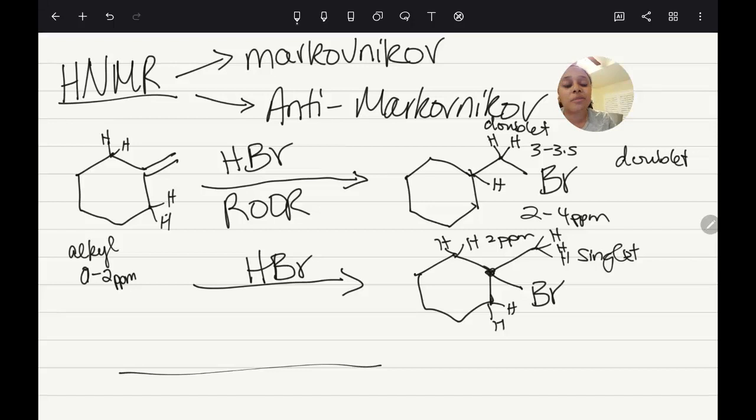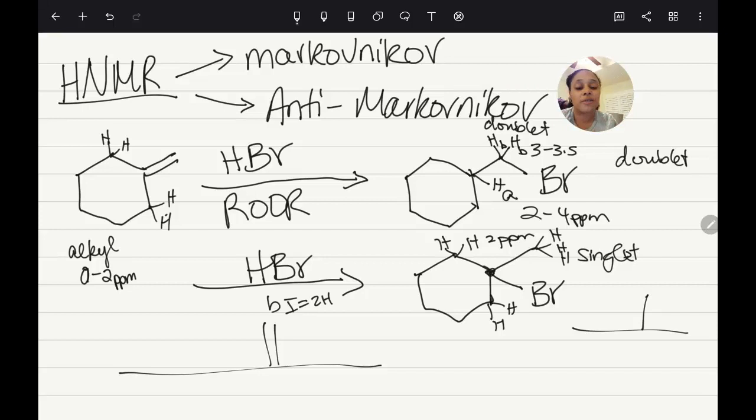So then once I got my NMR, I can see, oh, did I see a doublet? Well, the first one, the anti-Markovnikov, would have a doublet because this hydrogen I'm going to label A and these B. These would match very well onto the NMR because this would give me B. It would integrate for 2 hydrogens and it would only have one neighbor, which is A. Whereas this one, you would see a singlet and the top one doesn't have a singlet.